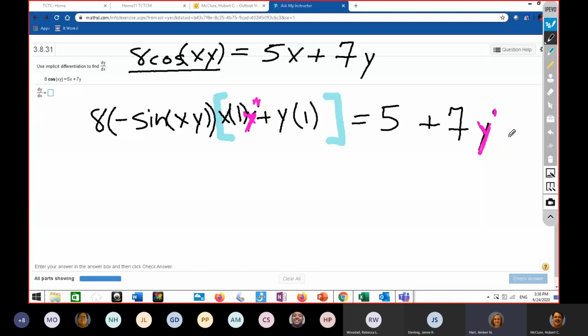They just all go together? Right. You treat them just like a variable, just like if you were solving for x in Algebra 1. That's why you do it, because when you finish, you're going to get y prime, and what is y prime? That's the derivative. Y prime is equal to blah, blah, blah. That's what you're finding. You're finding the derivative.